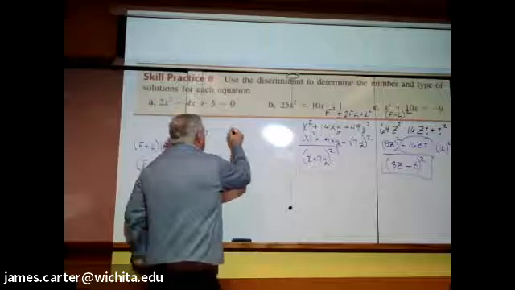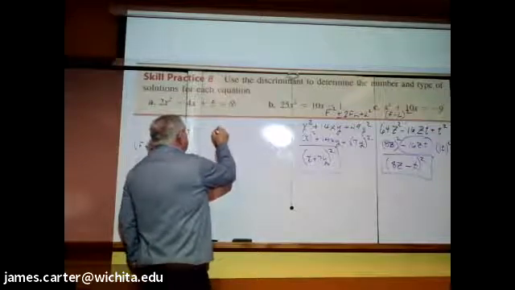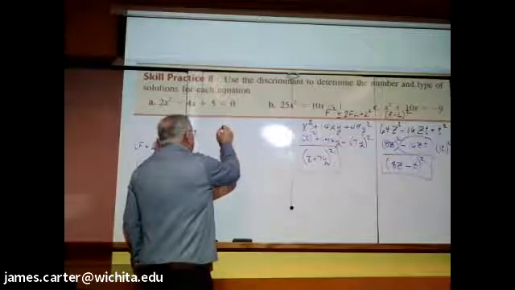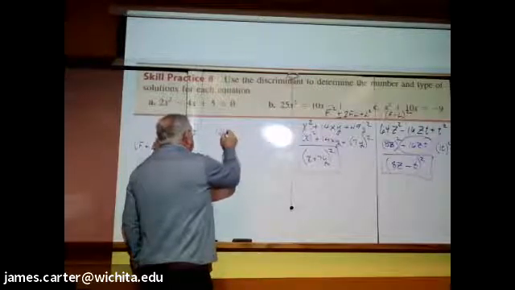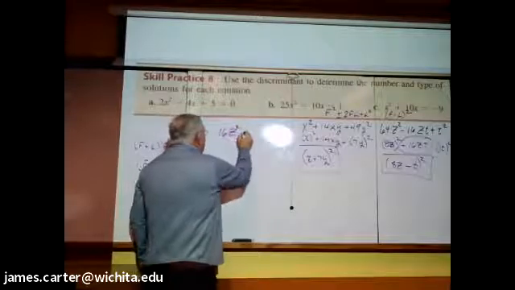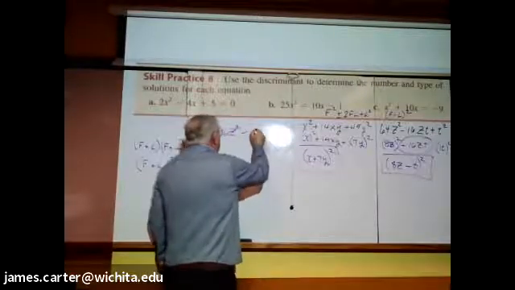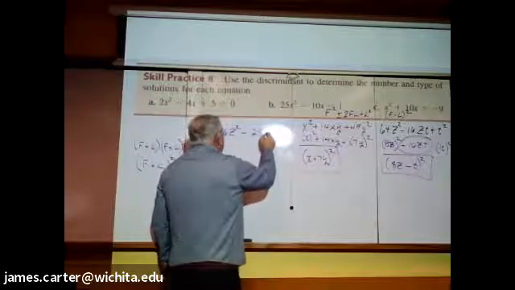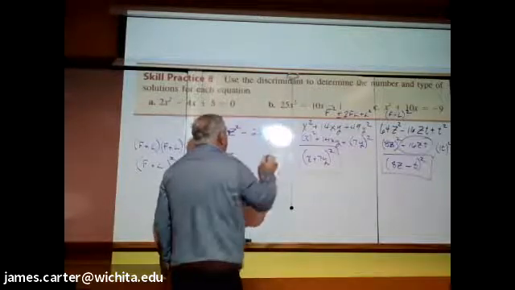The conjugate shortcut says if you have something that looks like this, let's go with 16z squared minus 25q squared.